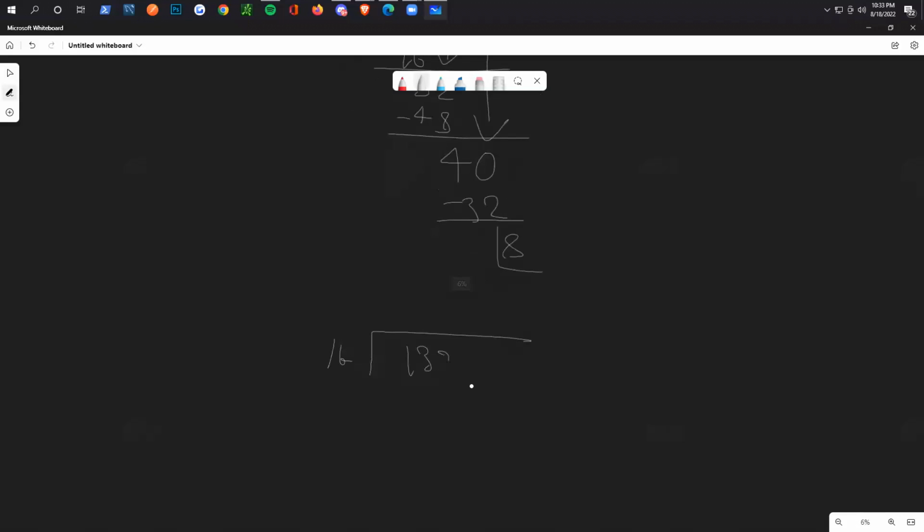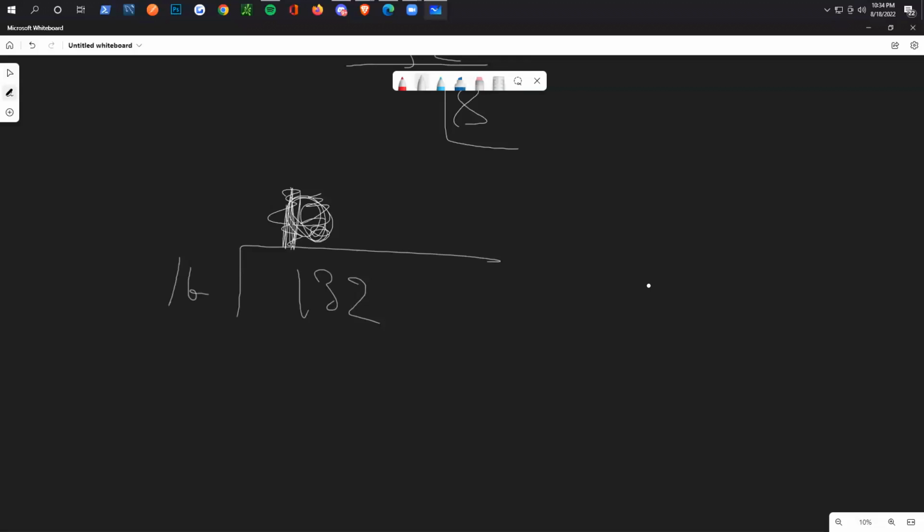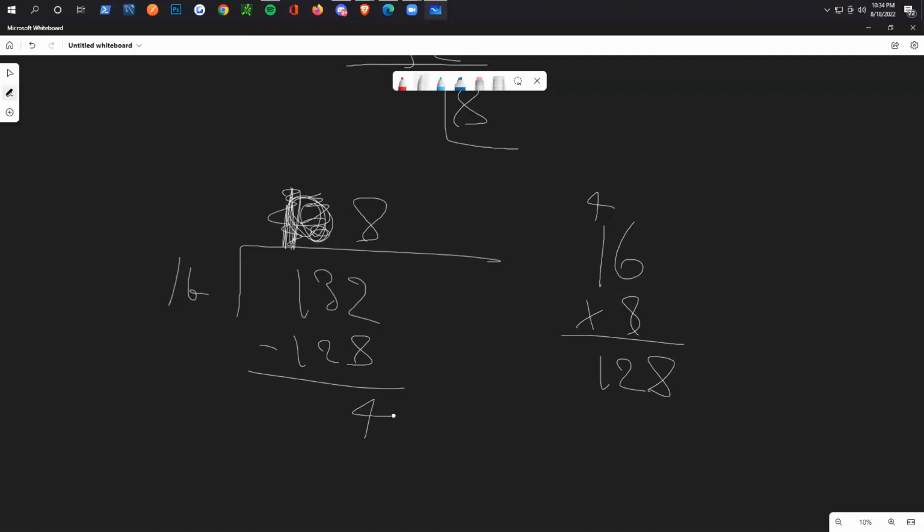Do 132. It doesn't go into 1, and it doesn't go into 13 either. We're going to have to see if it goes into 132 right off the bat. I think the best we can do is probably 8, so that's going to be 128. So you can go in 8 times at least, and we're going to have a remainder of 4.